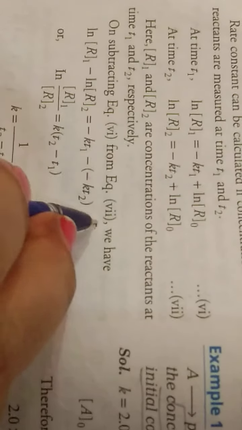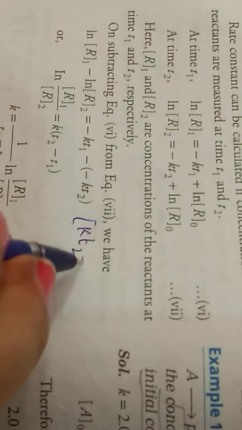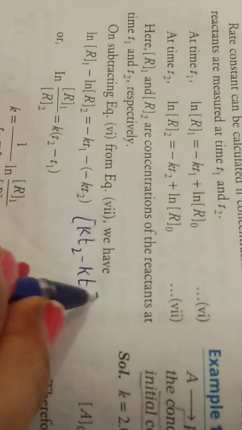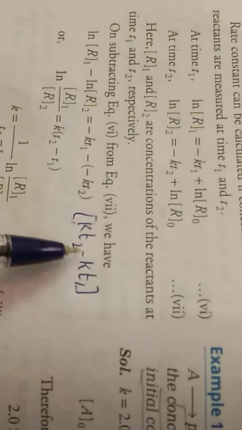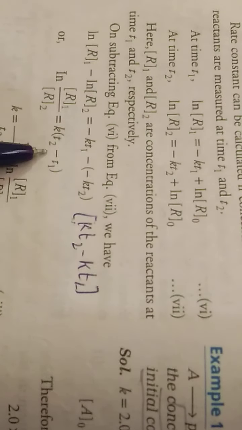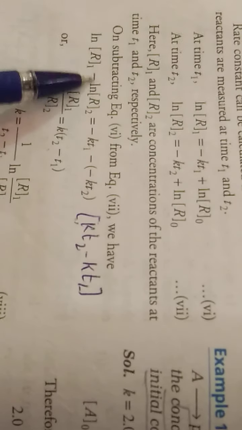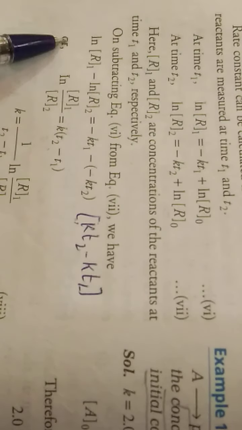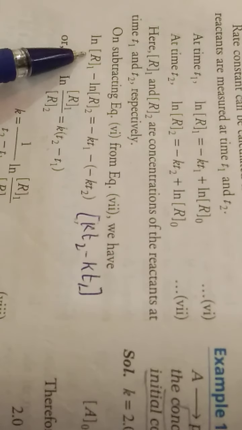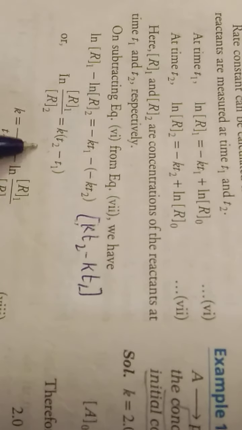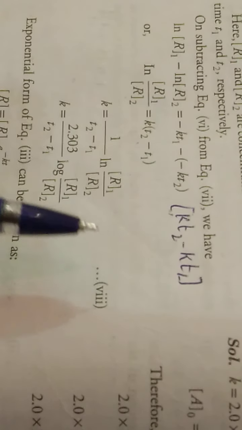It will become kt2 minus kt1. Now k is same. We'll take k common and write k(t2 minus t1). Now it is minus, children, so it will go in the denominator. So ln R1 upon R2 is equal to k(t2 minus t1). Okay, so this is what we got.